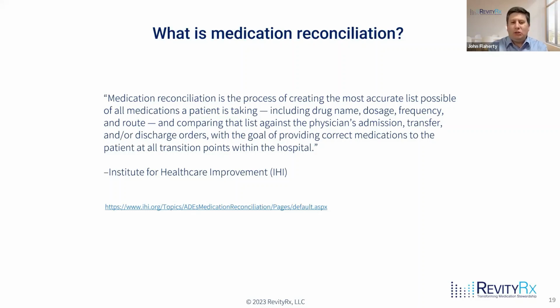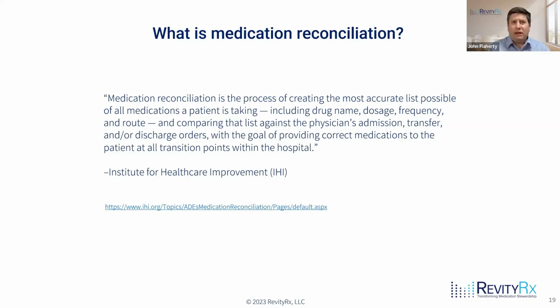But I think the best way to think about this is let's look at a good working definition of what medication reconciliation is. And I think the Institute for Healthcare Improvement, or IHI, has the best definition of med reconciliation. And while it explicitly calls out the hospital setting, I think overall the definition applies to all care settings.